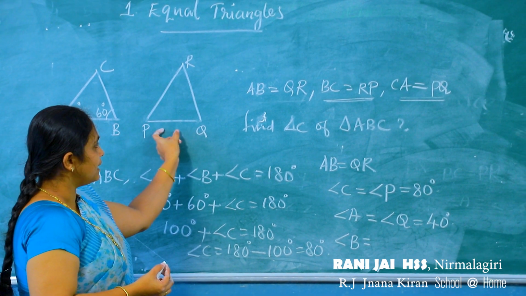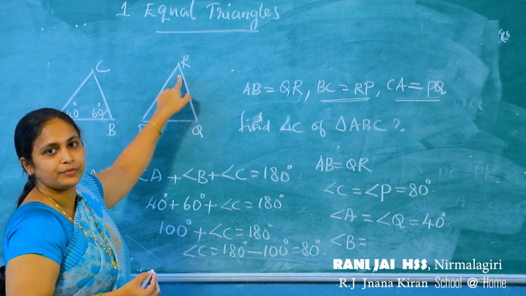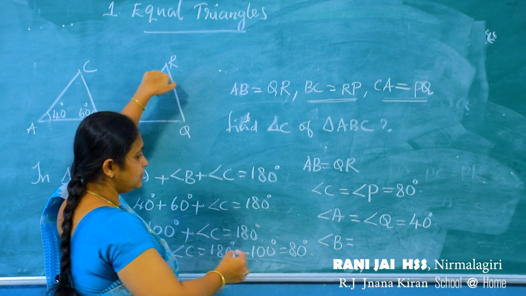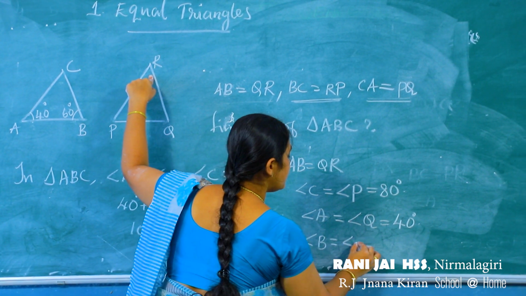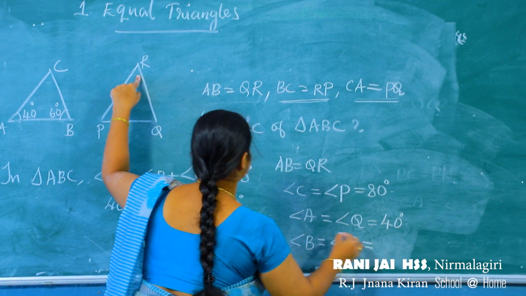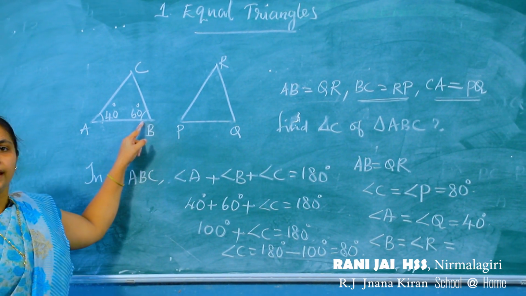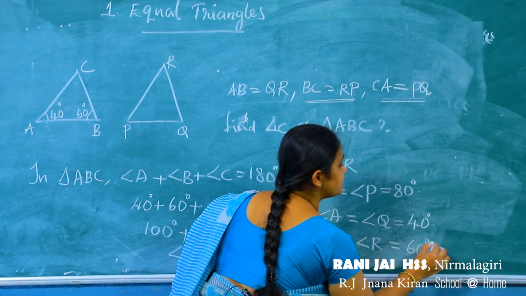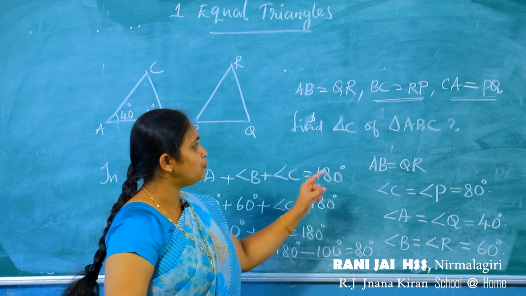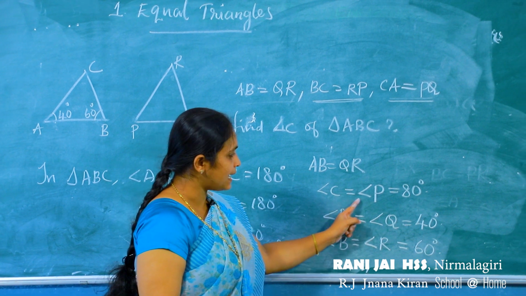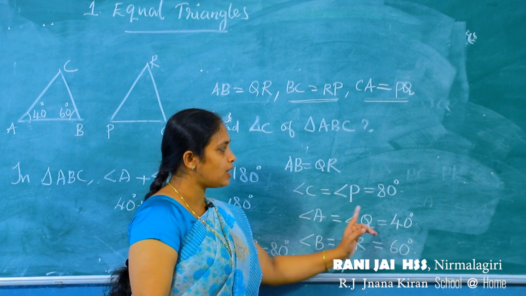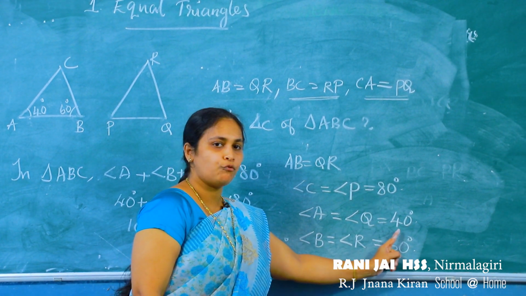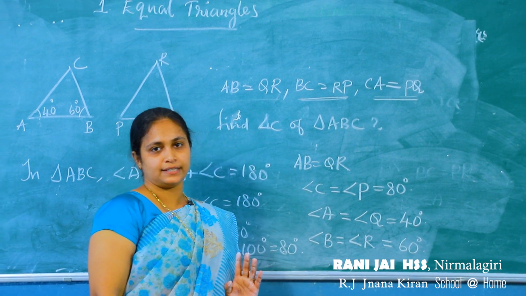Then what is the angle opposite of PQ? That is angle R. Therefore, angle B equal to angle R. Then what is angle B? 60 degree. This angle R also 60 degree. Okay. Therefore, all the angles of triangle PQR are 80 degree, 40 degree and 60 degree.